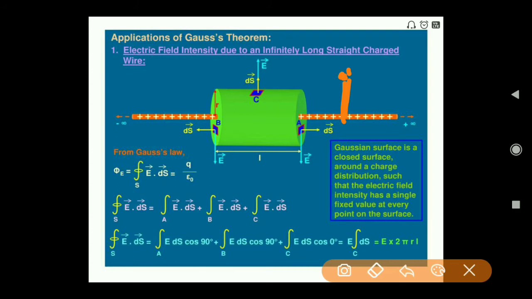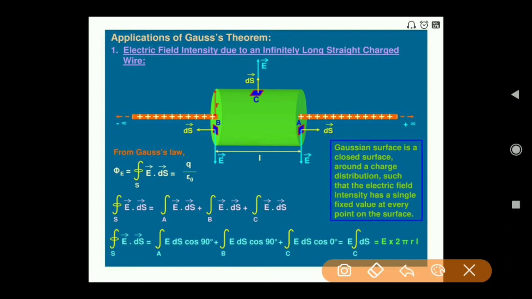It's practical. So let us discuss here the explanation of this diagram. Here our aim is to find the electric field at any point r from this straight long conductor. So first we will take the closed surface. This time I am taking the closed surface, which is a cylinder.